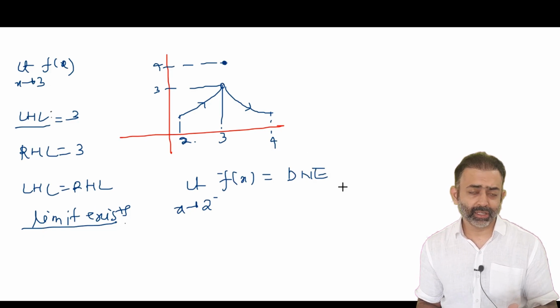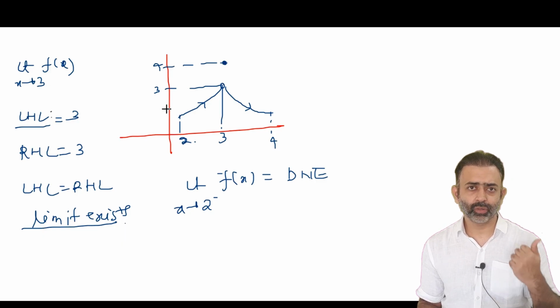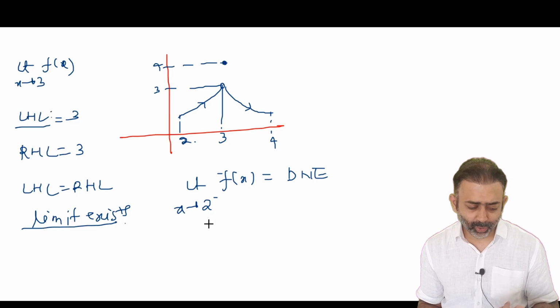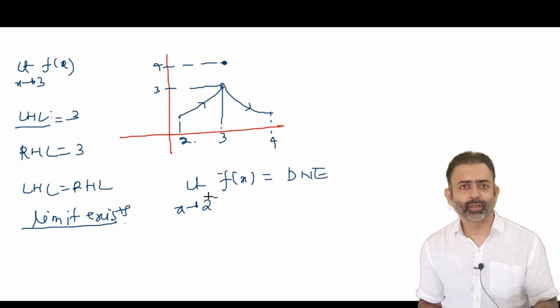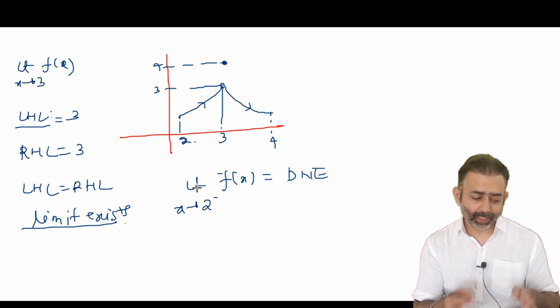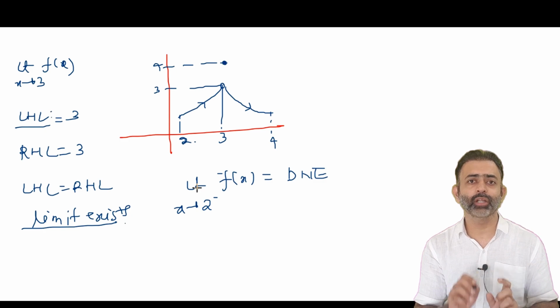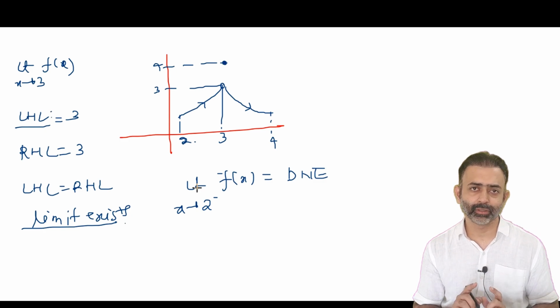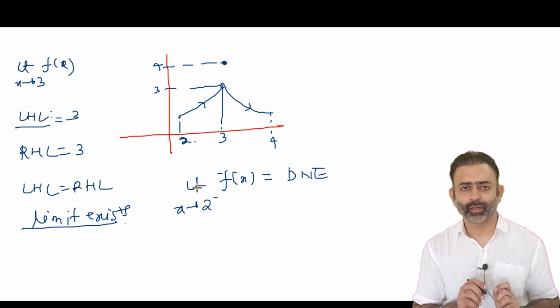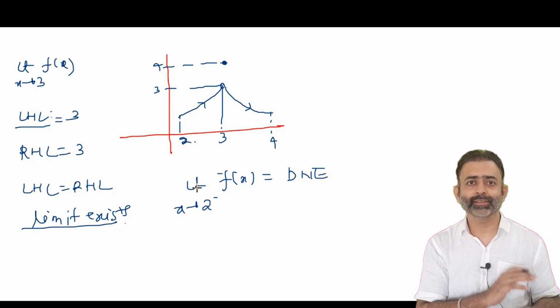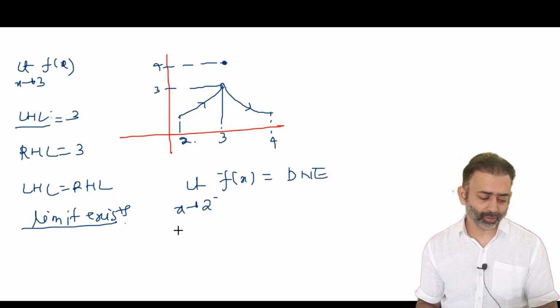Again, I am repeating why this is DNE: because the portion to the left of 2, and it is the left of 2 because it is asking for 2 minus. So at point x equal to 2, I can only find the right hand side limit, not the left hand side. These are called one-sided limits.